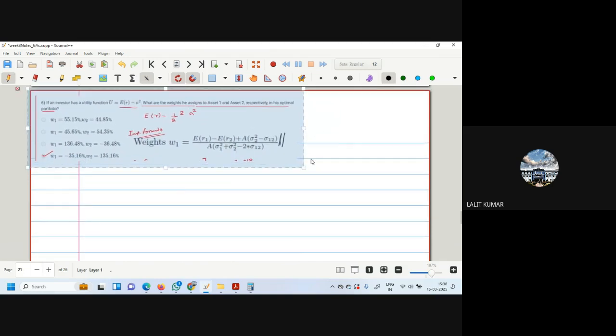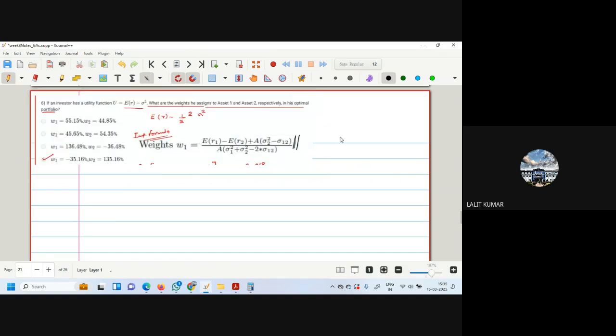So we have to find the optimal one. We do U is equal to ER. ER we can write as W into ER1 plus 1 minus W into expected R2, minus sigma square. Sigma square is for the entire portfolio, so I can write this as W into sigma 1 square.